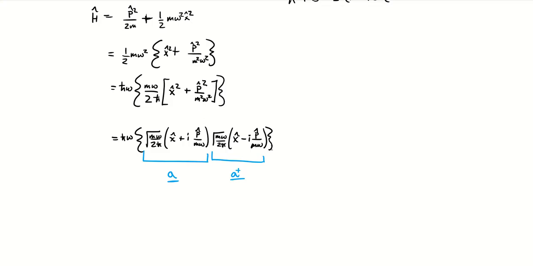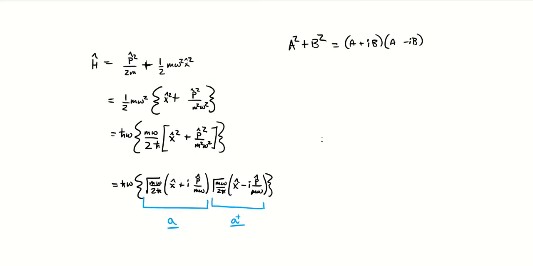So now what do we do with that? Like I said a minute ago, we have to be careful. The issue, if we go back to this factoring, is that this ends up being a squared plus i b a, and then minus i a b plus b squared, right?